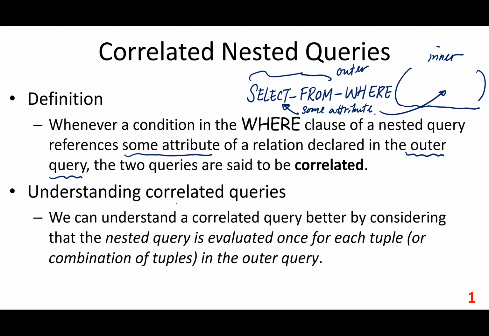We can understand a correlated query better by considering that the nested query is evaluated once for each tuple or combination of tuples in the outer query.